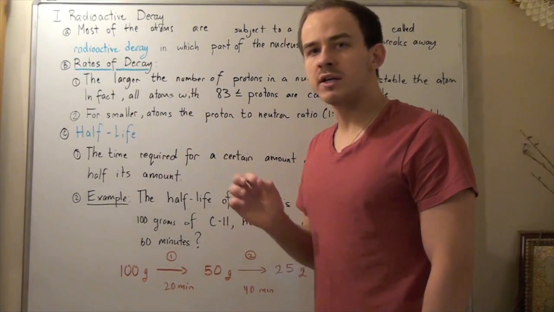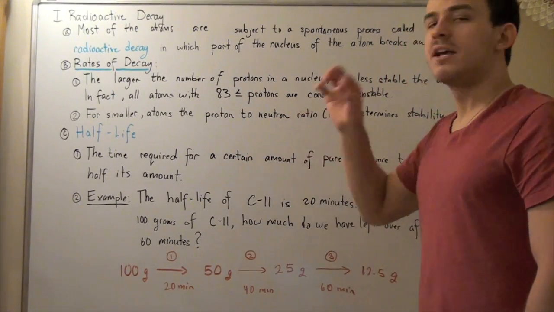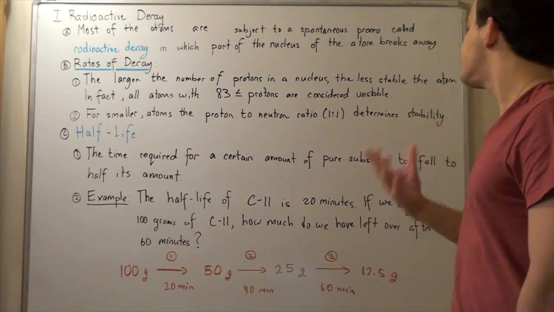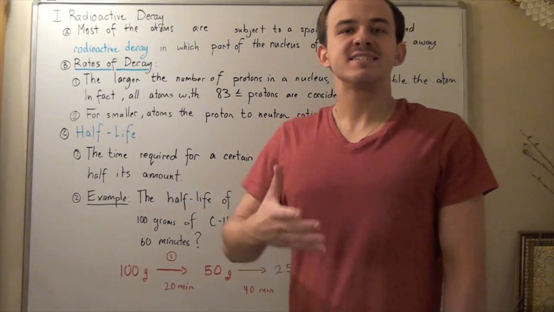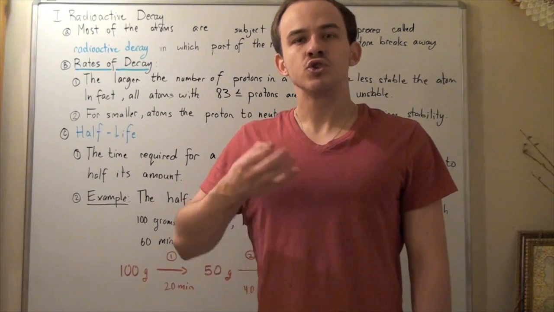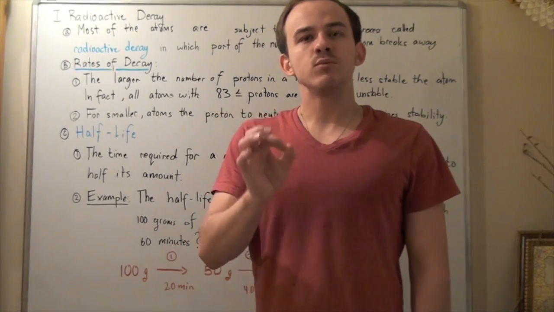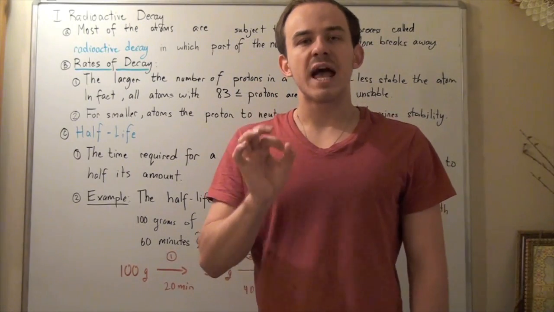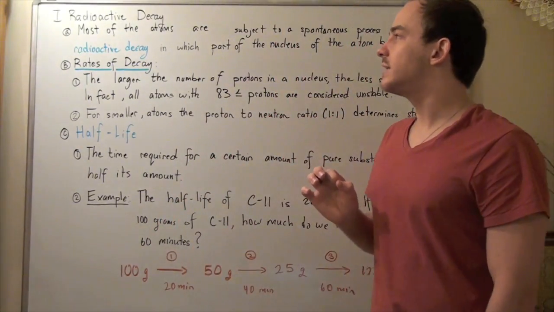Now for smaller atoms, the ratio of proton to neutron determines how unstable that atom is. So for example, if an atom has 8 protons and 8 neutrons, because the ratio is 1:1, it will be considered stable, and that means it will have a relatively low rate of radioactive decay.